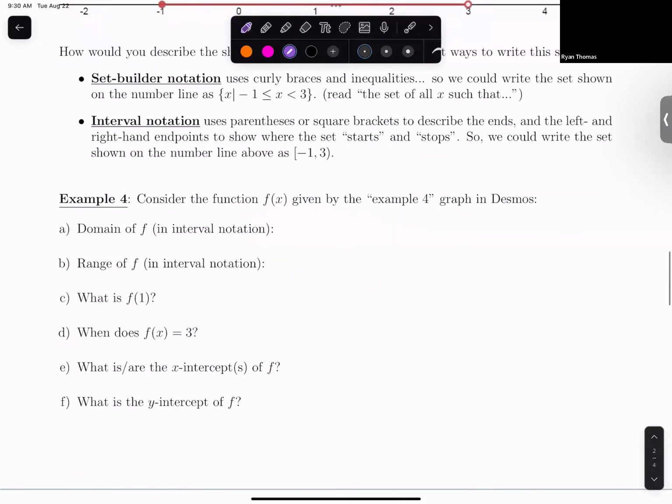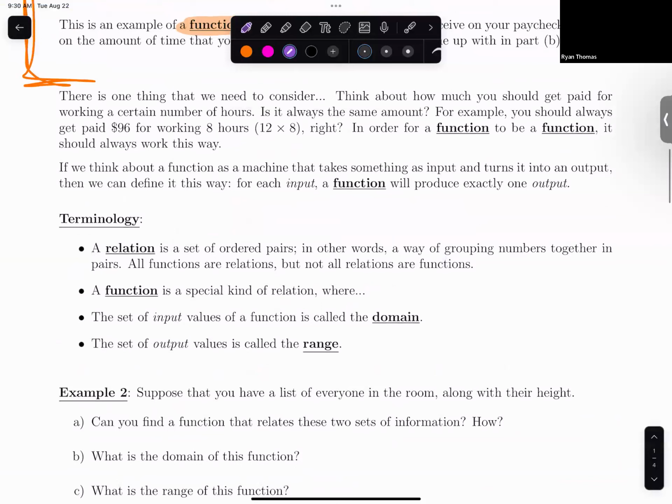So a function is a special kind of relation because it's still stuff that's paired together. But there's an extra condition.